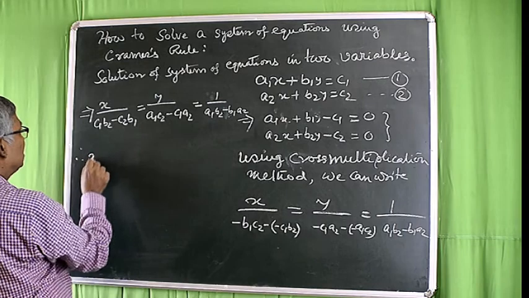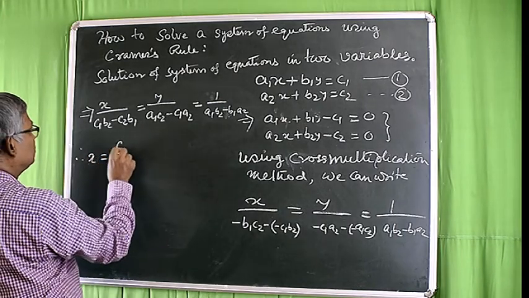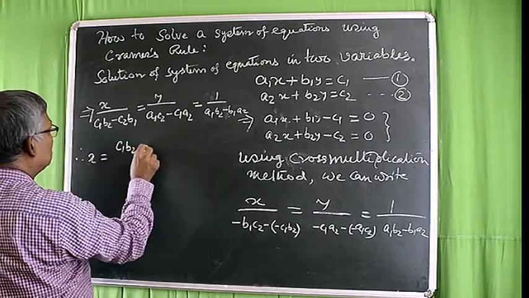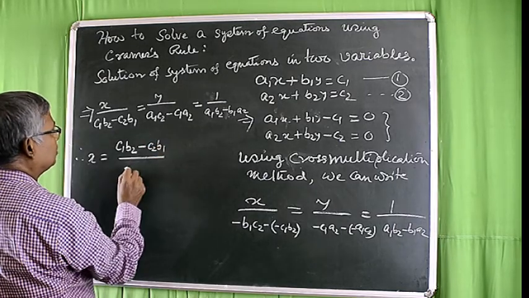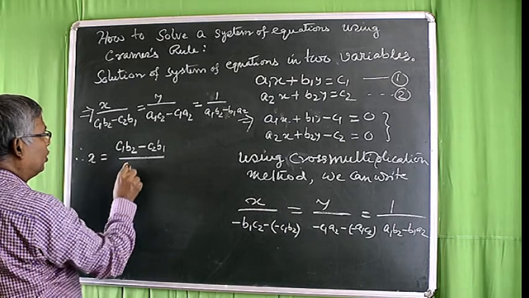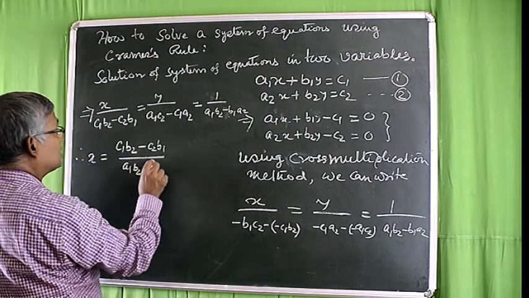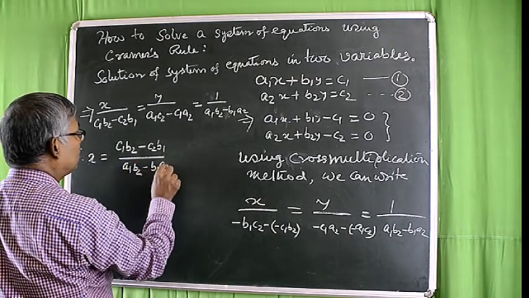Therefore x equal to c1 b2 minus c2 b1 by a1 b2 minus b1 a2.